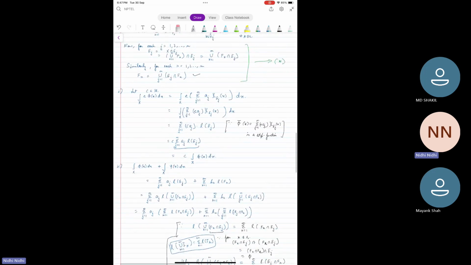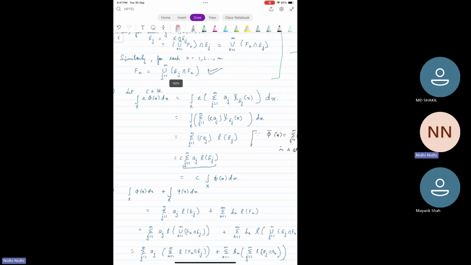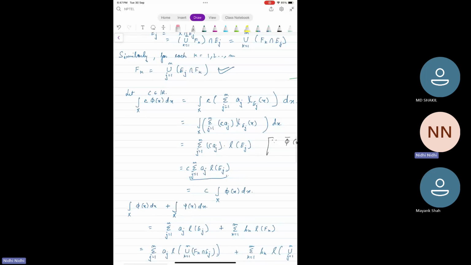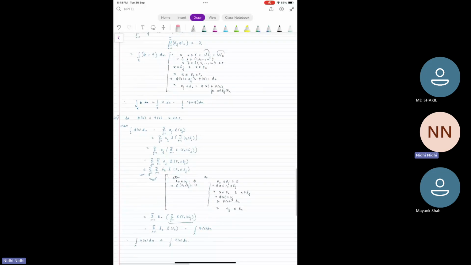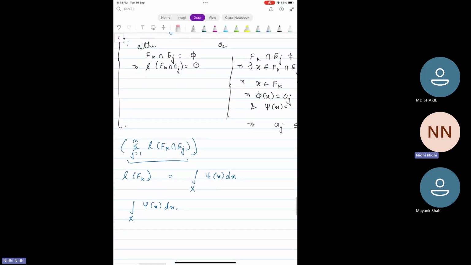See, each fk is equal to the union of ej intersection fk. Now, if I take length of fk, that will eventually be equal to summation length of ej intersection fk. Since each fk is pairwise disjoint, we will have the equality.